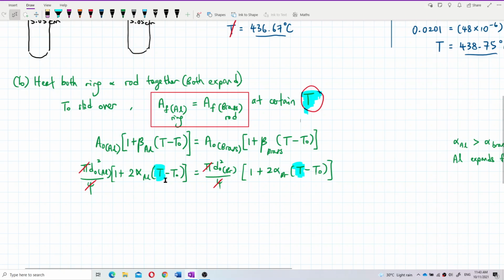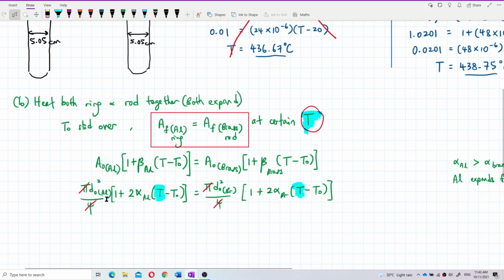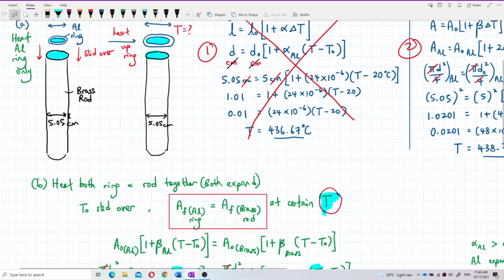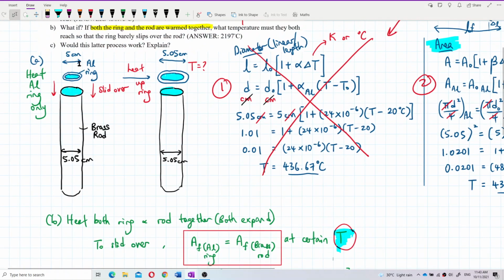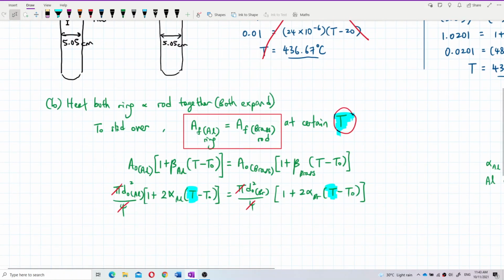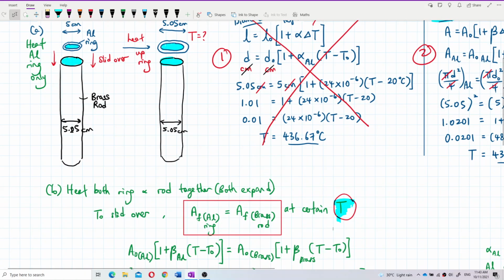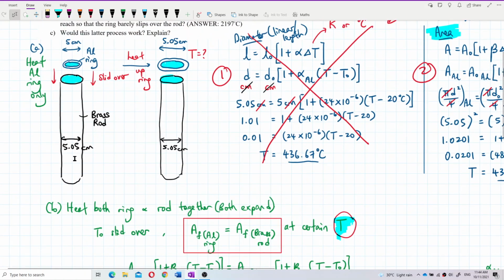Okay, so we want to find the T here. The initial diameter of the aluminium ring is 5 centimeter, but the brass rod has a bigger diameter, 5.05.